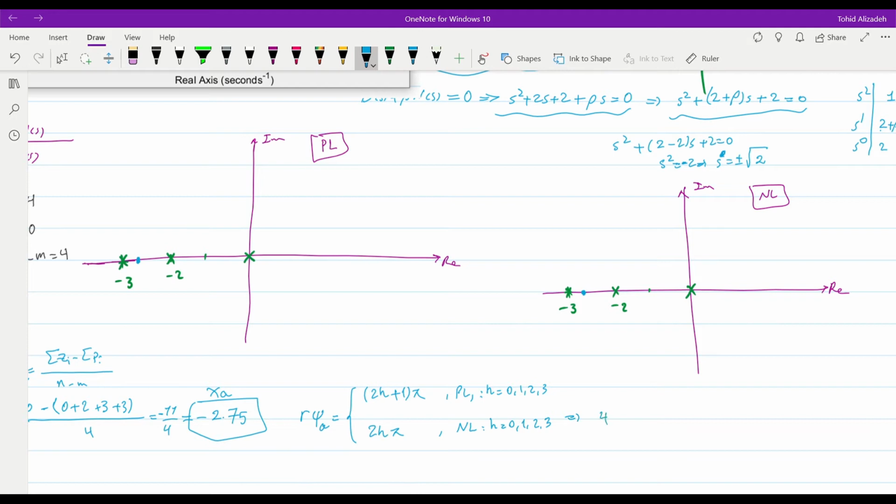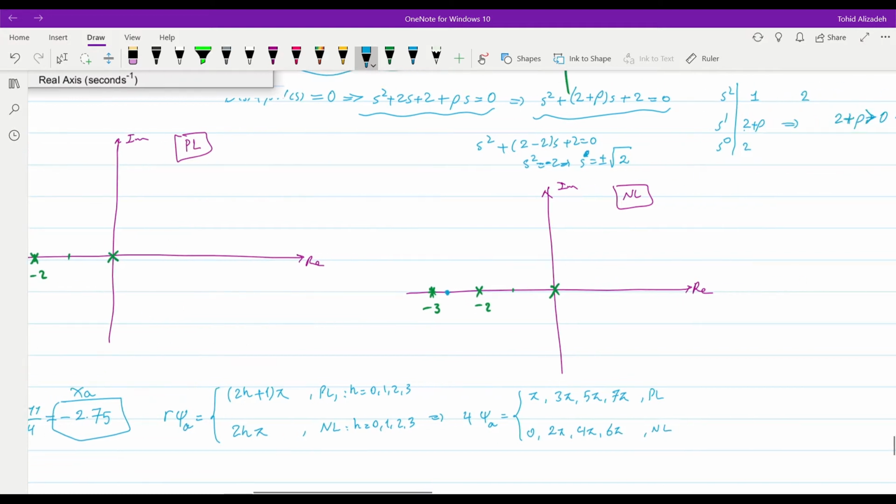Therefore, 4 times the angle will be equal to, if we replace h with the given values, pi, 3 pi, 5 pi, 7 pi for the positive locus, 0, 2 pi, 4 pi, 6 pi for the negative locus.